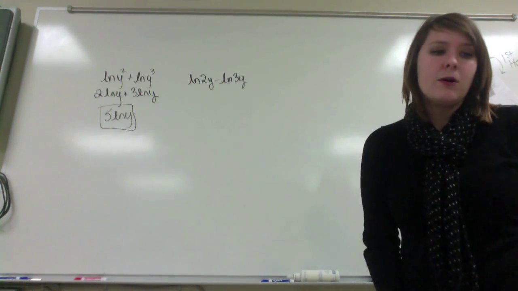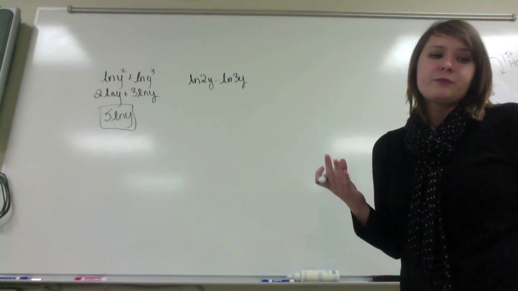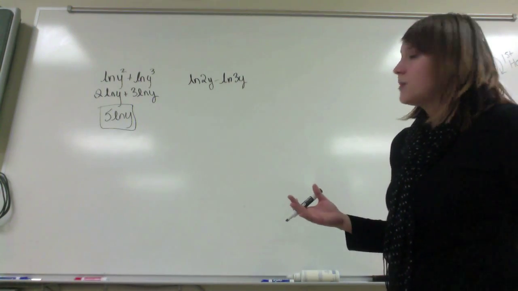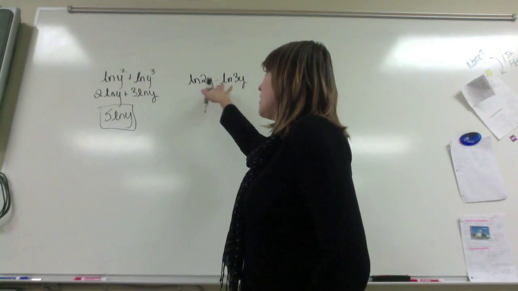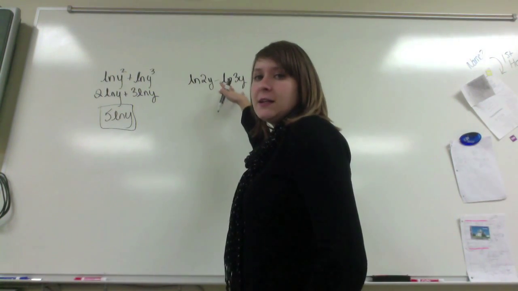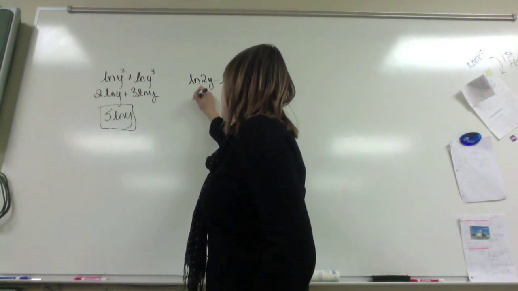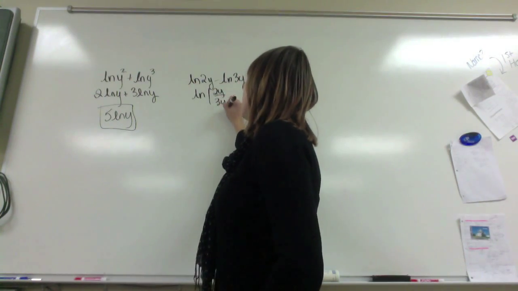Okay, so what I personally would do first is I would think about changing that into a quotient. So I notice that these are two logarithms that are being subtracted. So I can use that logarithm of a quotient rule and combine them into one logarithm, which would be the natural log of 2y over 3y.